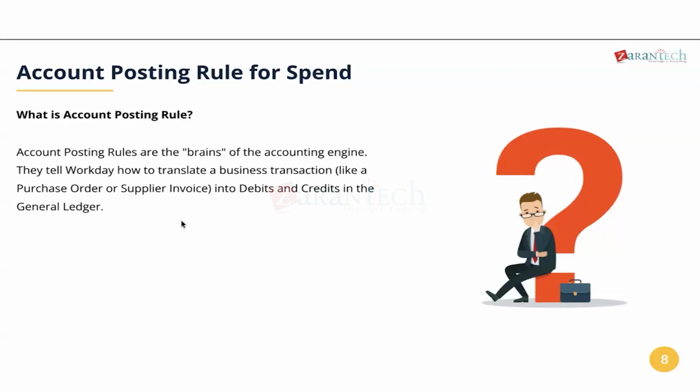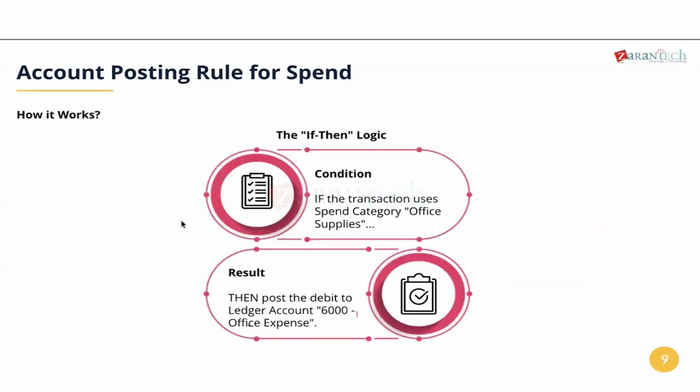This is where the account posting rule that we define comes in: for this condition, you post to this particular ledger account, and so on. Again, the account posting rule goes on the logic of if and then. For this condition, do this activity.